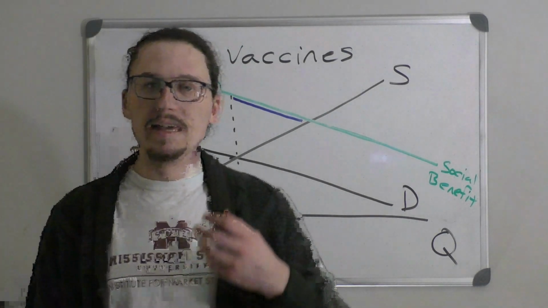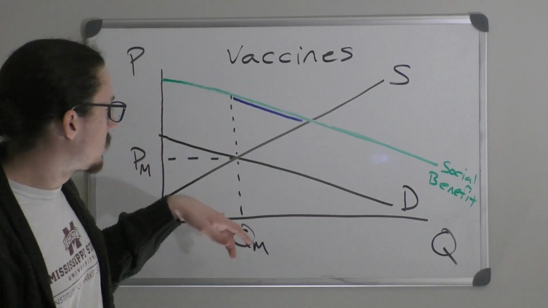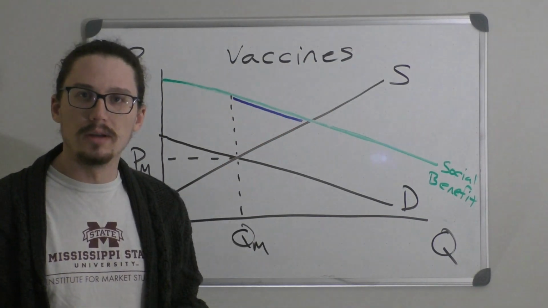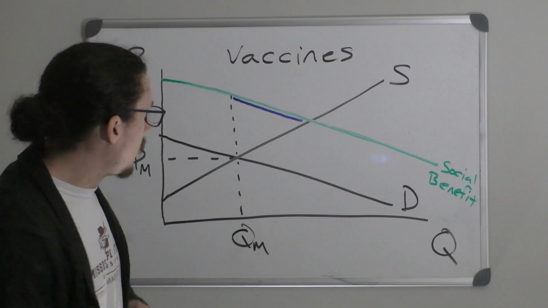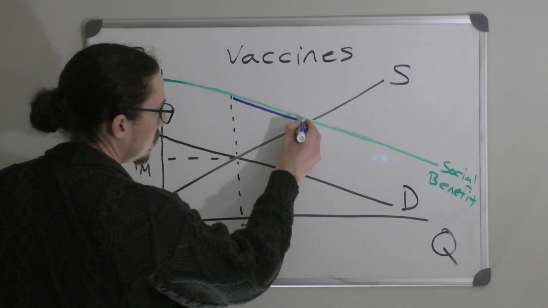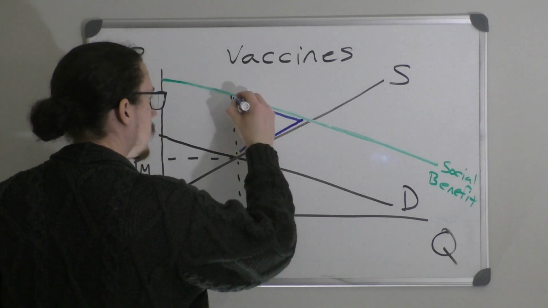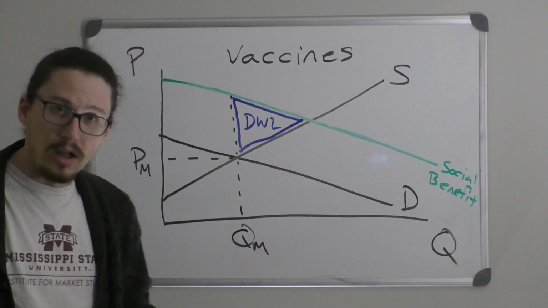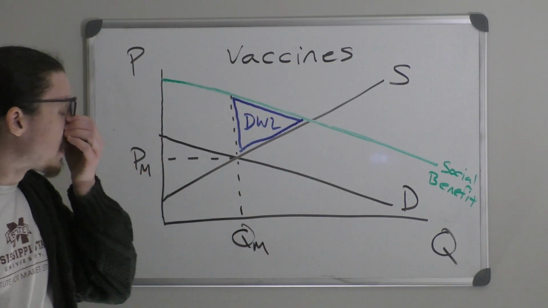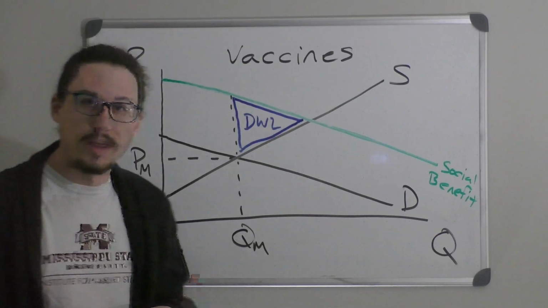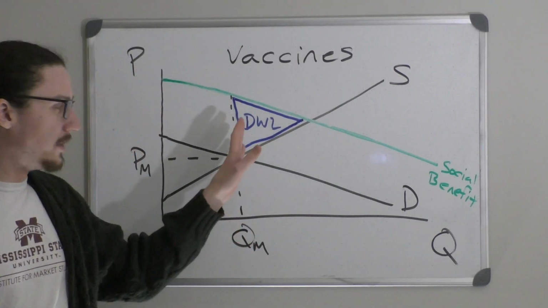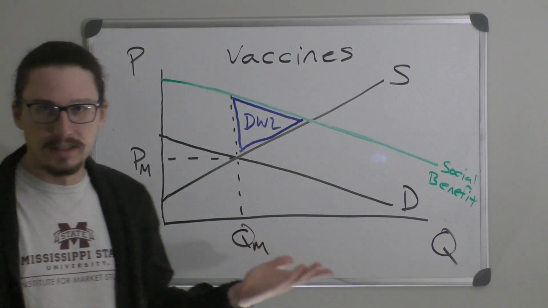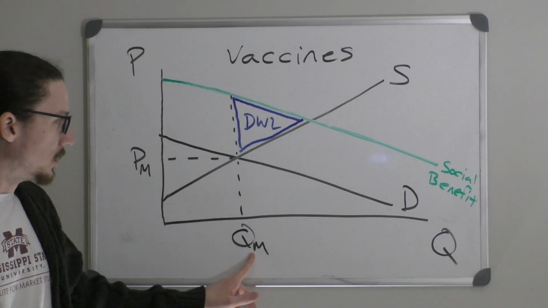For this section of our curve, these units of vaccines, the benefit is greater than the cost, and so we should be consuming those units. This is the deadweight loss when we're talking about goods with external benefits.